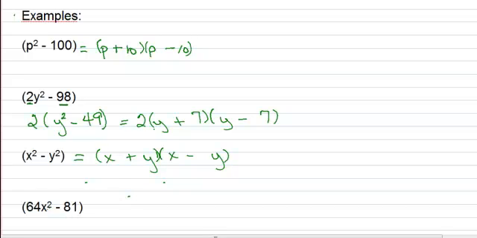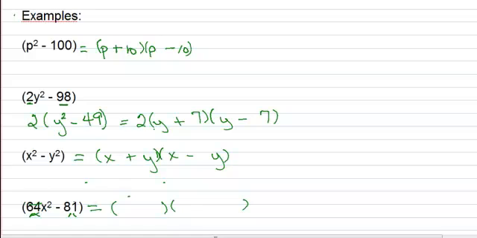Now we look at this bottom one here. We've got 64 and 81. We want to see if there are any common factors. Now, when we analyze this, if you need to, do a factor tree to see. 64 just has factors of 2, and 81 just has factors of 3. So that tells us that there is no GCF. However, they are both perfect squares, as is x squared.